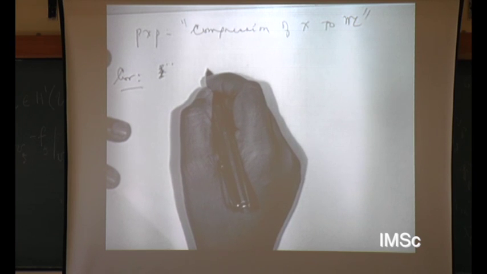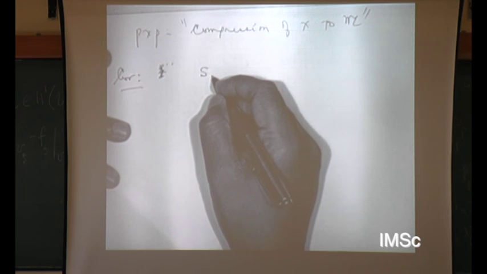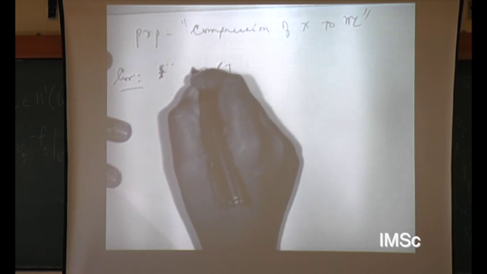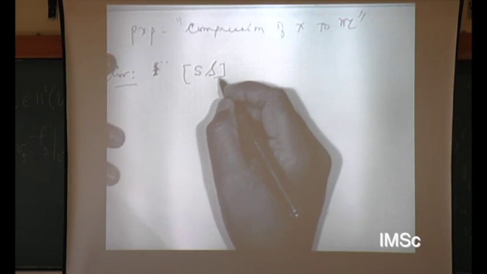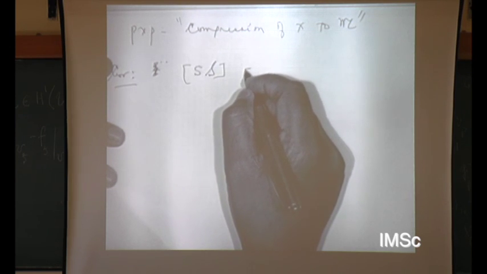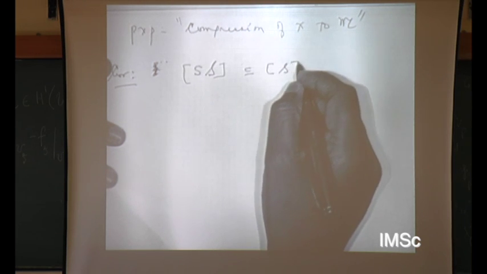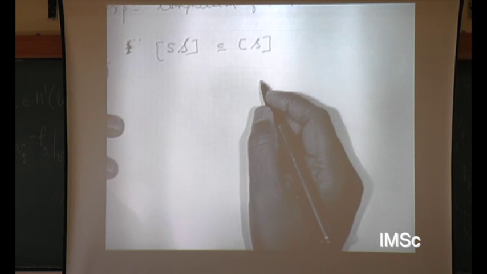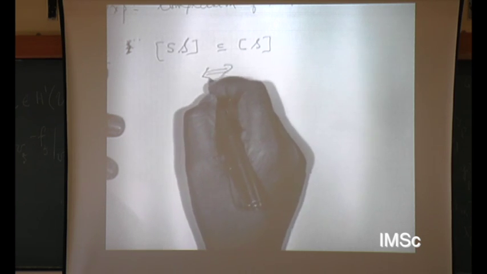In general, if we take a collection S of operators acting on a collection of vectors, then to say that this is contained in M if and only if... what does this mean?